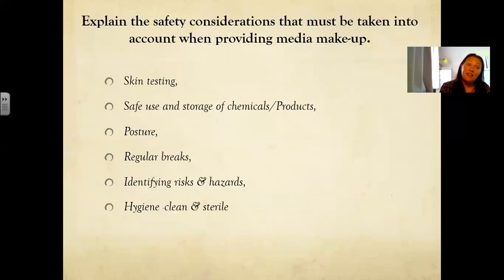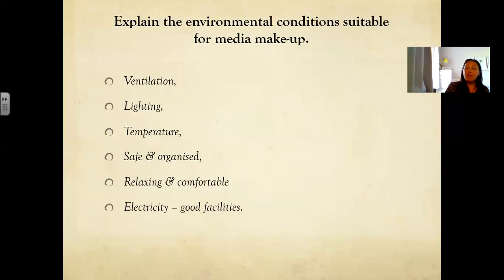And then lastly, it's really important that everything is hygienic and clean and sterile, particularly in these unprecedented times that we're in. We need to make sure that everything's hygienic, clean and sterile. Okay. So environmental conditions, we've done this before, it's exactly the same for media makeup.